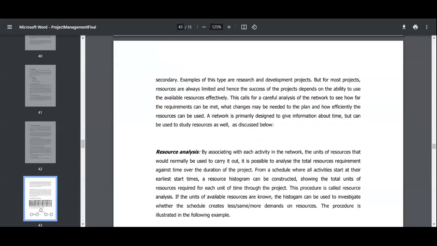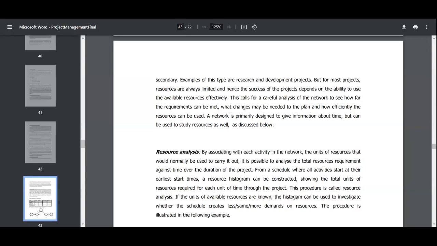Sometimes it's limited, hence the success of the project depends on the ability to use the available resources. So it depends on what resources are available, and when they arrive. For example, if I have ordered material from another state, a machine to install, whatever we require, until that material comes to me, I will not start my work, right? So it depends on the availability of resources.